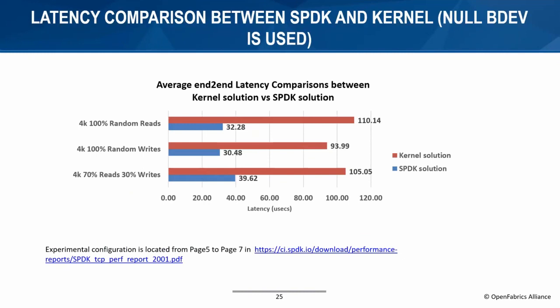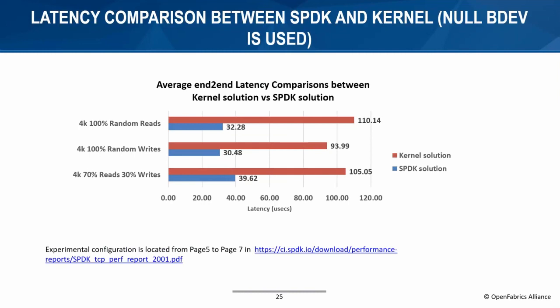If we combine the two diagrams into one diagram, it means that we compare the end-to-end latency between the kernel solution and the SPDK solution. We can see that the end-to-end latency from SPDK is much better than the kernel. It improves the latency by at least 60 to 70%.